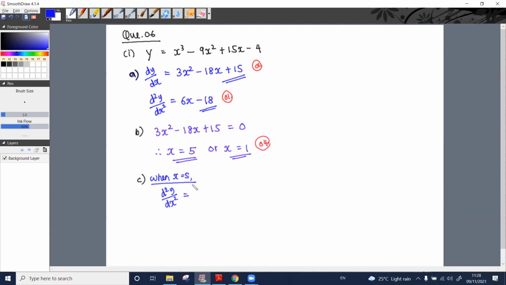Instead of x, we are going to substitute 5. 6 into 5 minus 18. What is the answer? 30 minus 18 means 12. That is something greater than 0.